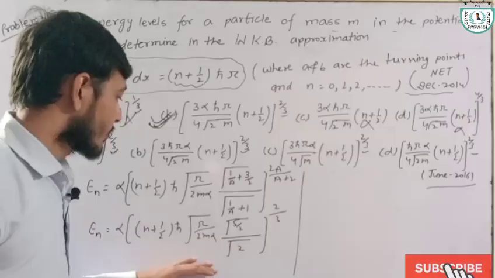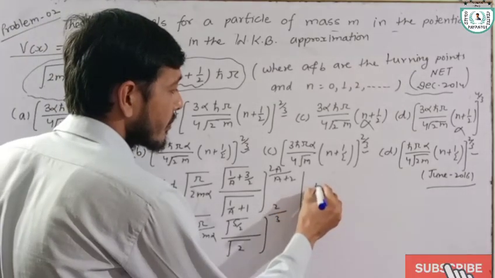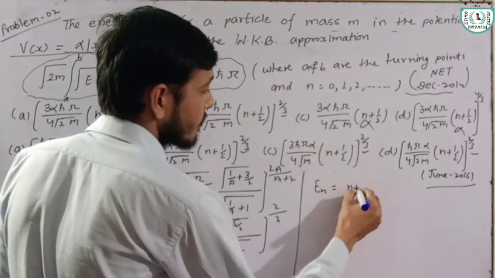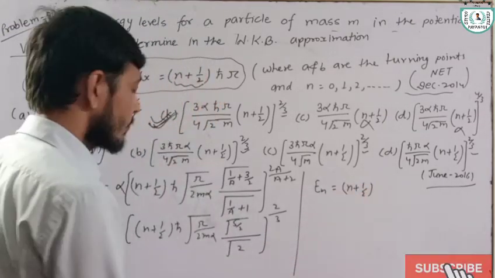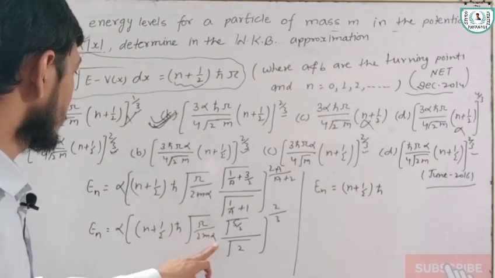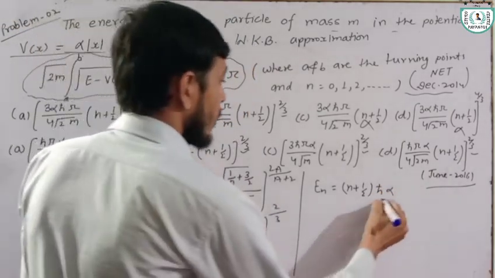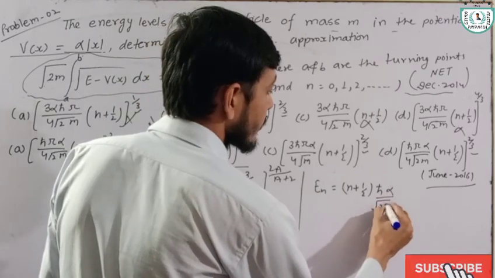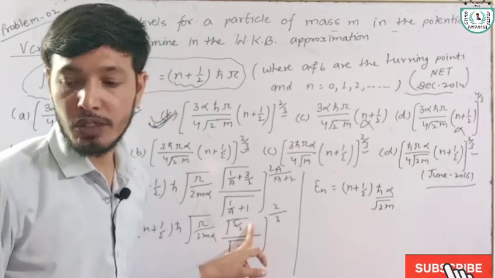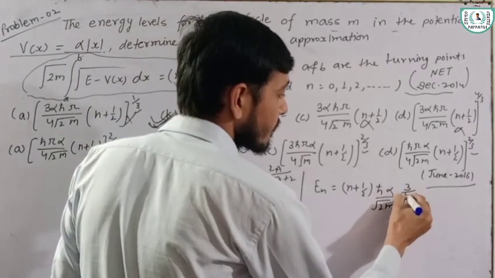After taking alpha inside, we have En equal to (n plus 1 by 2) h cut, with alpha raised to power 3 by 2 minus 1 by 2, over root 2m, gamma 5 by 2. Gamma 5 by 2 is equal to 3 by 4 root pi.